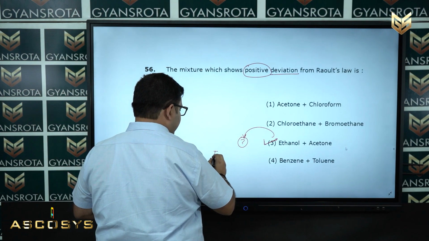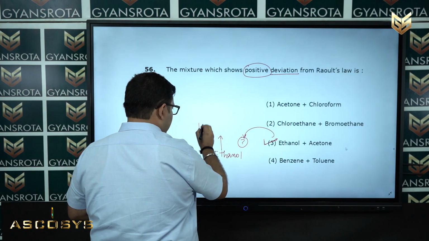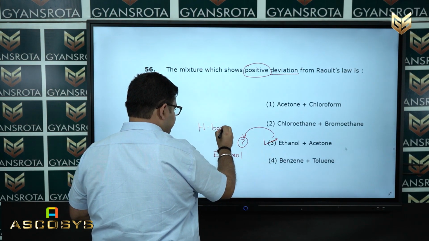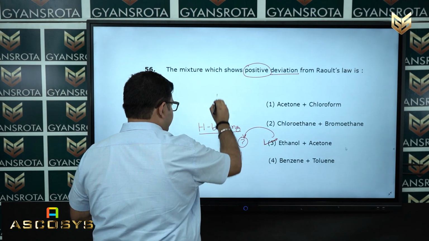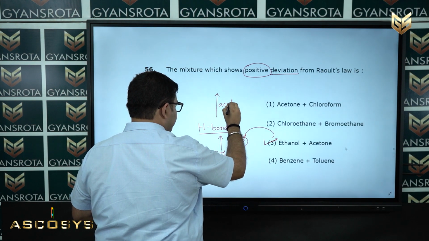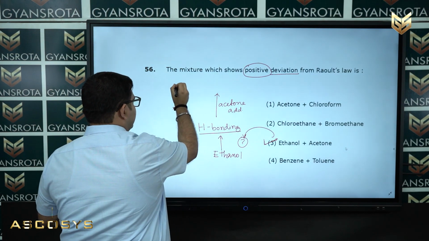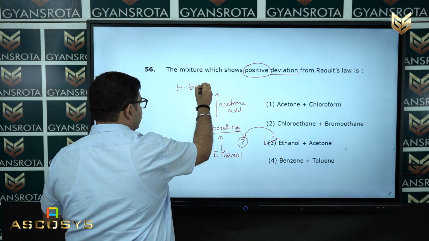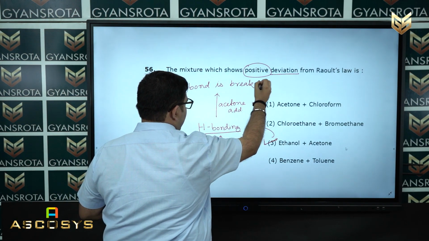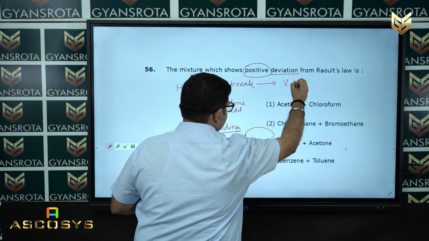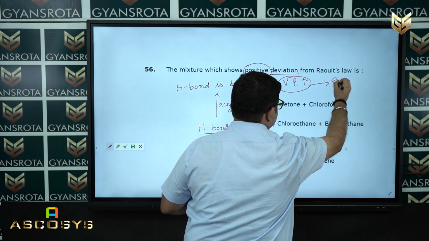Because ethanol has hydrogen bonding in it, and when we are adding acetone here, as a result the hydrogen bond is broken. So, as a result the vapor pressure is increasing and it will show you positive deviation.